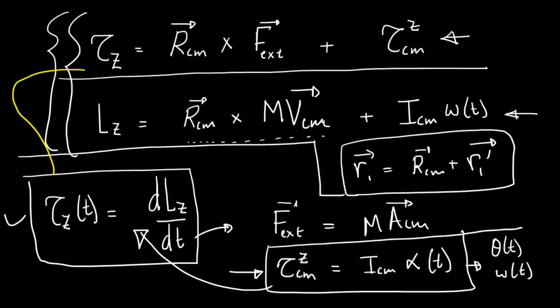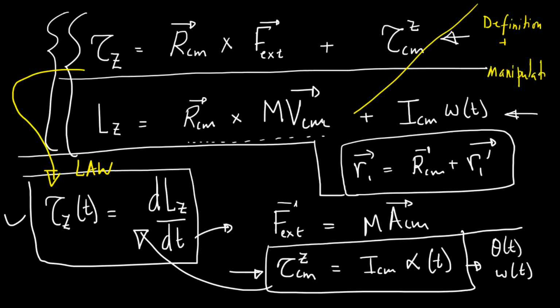This, when fed into the law, this is the law. This is, what should I call it, this is definition plus some slight manipulation, which is this, and then is the law.